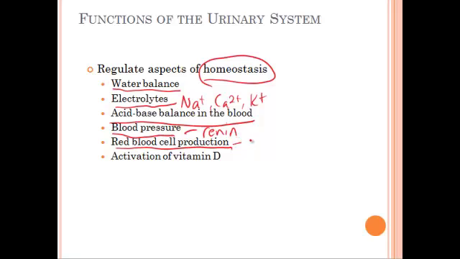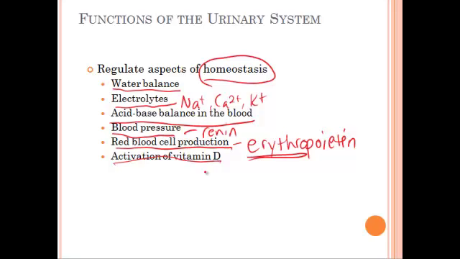Red blood cell production is controlled by erythropoietin, which we talked a little bit about when we talked about the endocrine system. This is also released by the kidneys, which stimulates the production of erythrocytes, or red blood cells. And then also the activation of vitamin D. So to put it in its fully functional form, you need the urinary system. So this has a lot of functions.